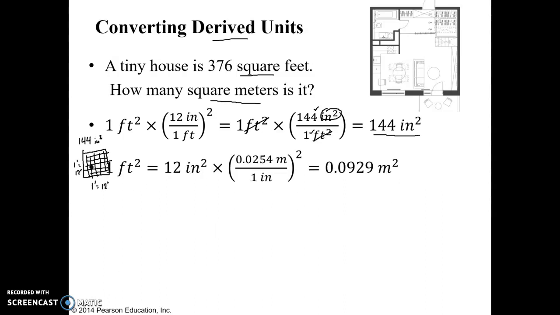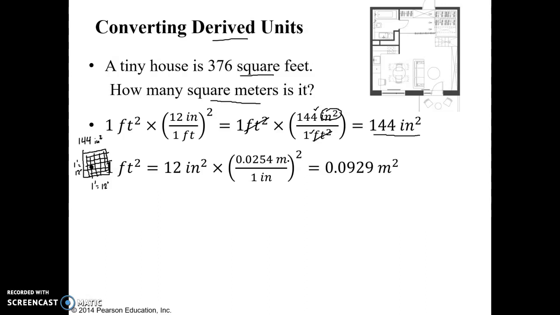Okay, so if we want to convert a square foot into a square meter, I realize this is kind of confusing the way I have this set up, but 1 inch is equal to 0.0254 meters. That's 2.54 centimeters.